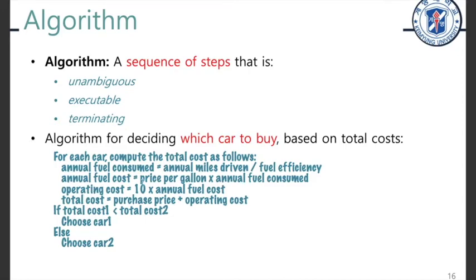And then once you calculate the total cost of each car, you can compare whether the total cost of car 1 is less than the total cost of car 2. If the total cost of car 1 is less than the total cost of car 2, you choose car 1, otherwise you choose car 2.